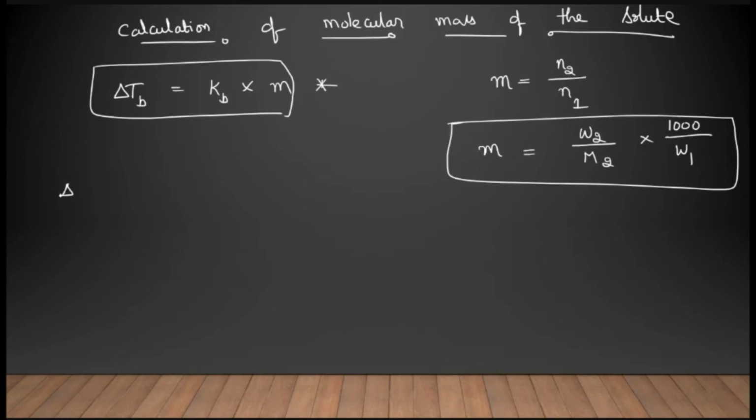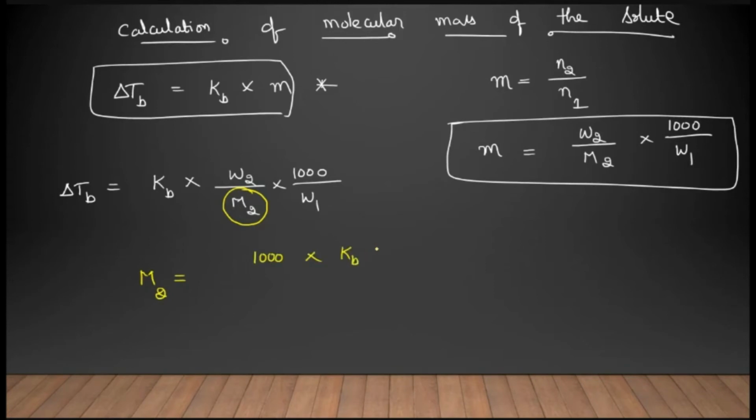So it becomes delta TB is equal to KB into W2 divided by M2 into 1000 divided by W1. Since we need to find out the molecular mass of the solute which you have added into a solvent, we need M2. M2 is equal to 1000 into KB into W2 divided by delta TB into W1.